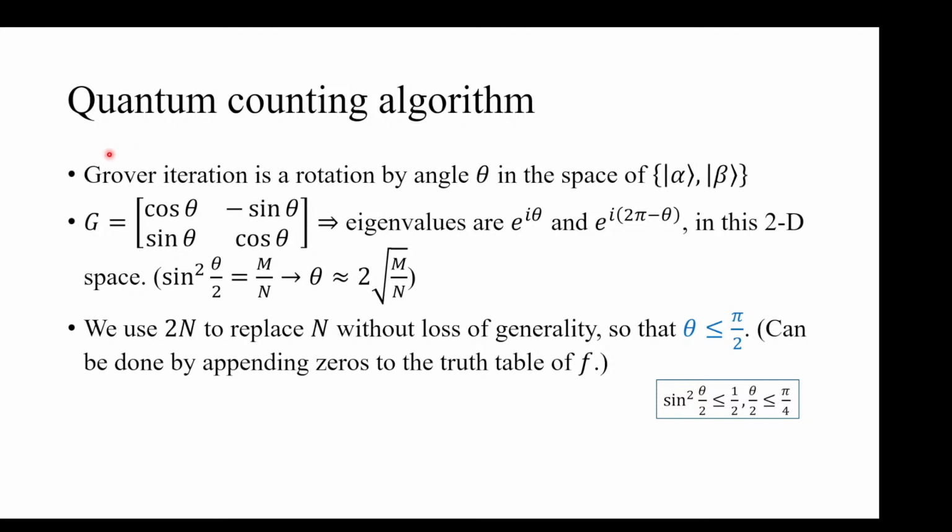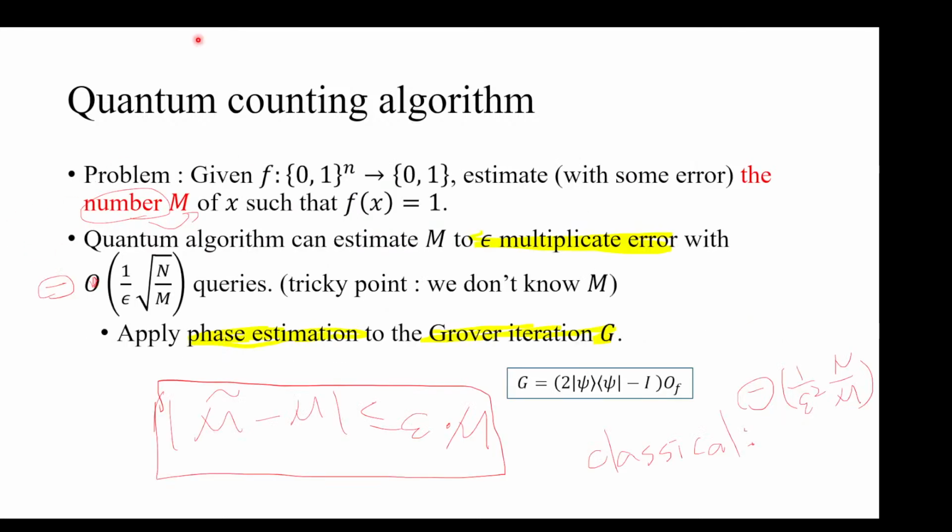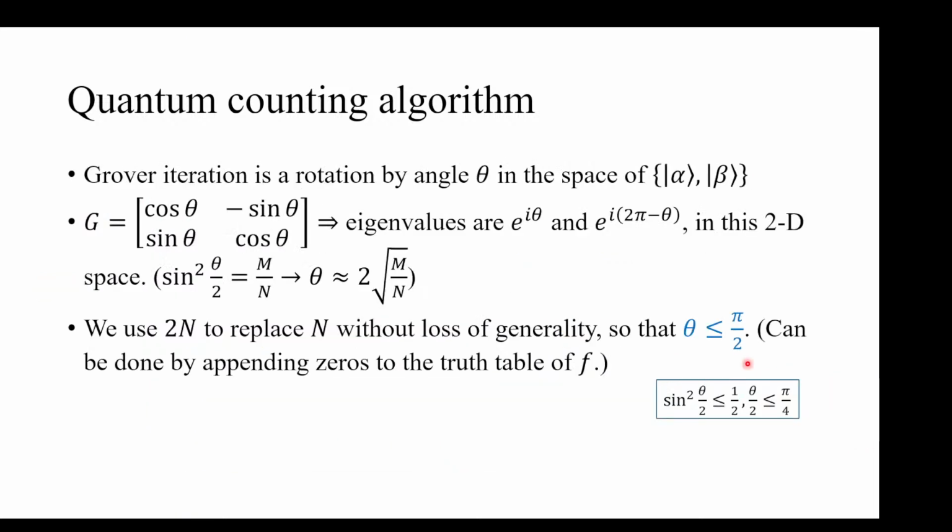Then let's go to our analysis of this quantum counting algorithm. Okay, and so what is the Grover iteration? As we said, the Grover iteration is two reflections, and as we showed before, two reflections equal a rotation.